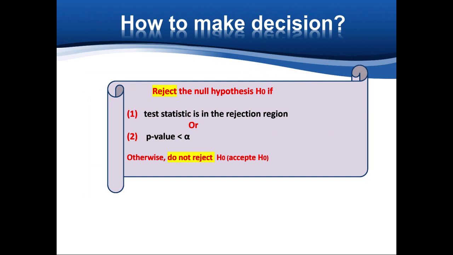In summary, we have learned 2 methods to make a decision. That is, reject H0 if the test statistic is in the rejection region or the p-value is smaller than alpha. Otherwise, do not reject H0, or you can say accept H0.